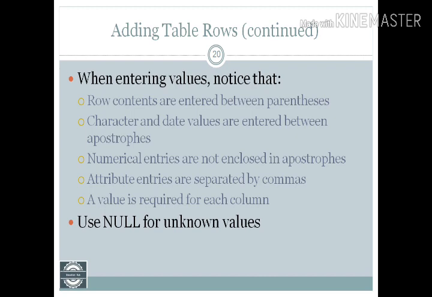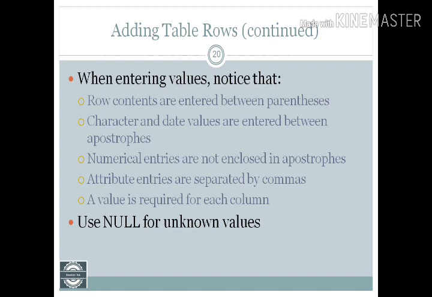Now adding table rows, when entering the values, you have to notice row contents are entered between the parentheses. Character and date values are entered between the apostrophes. Numerical values don't need any apostrophes.